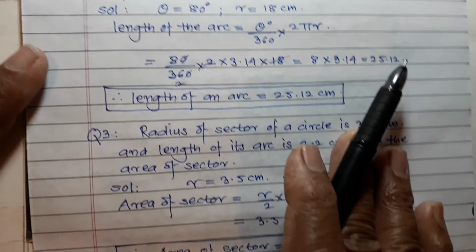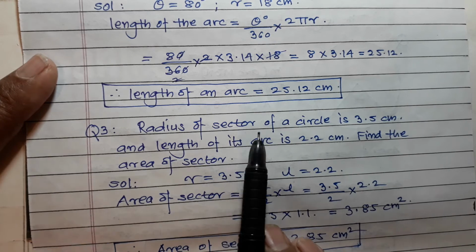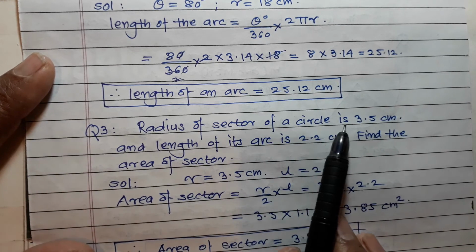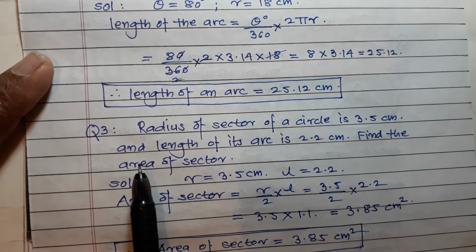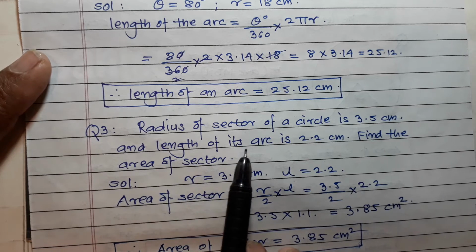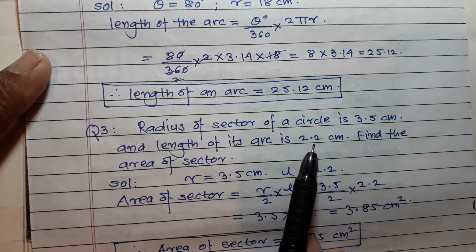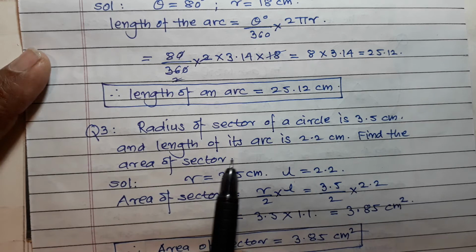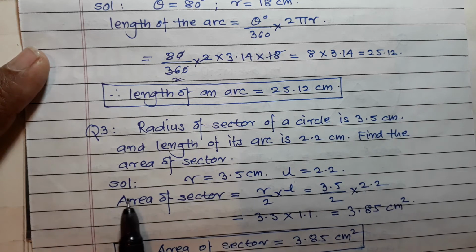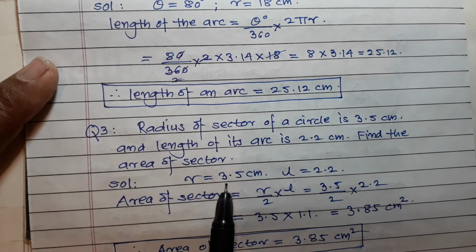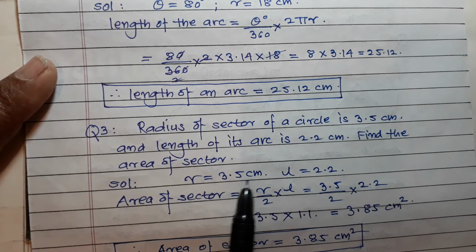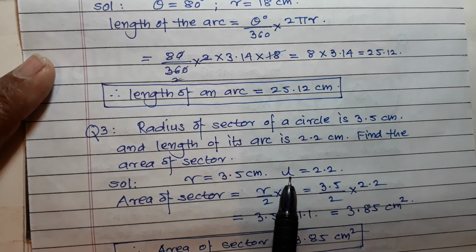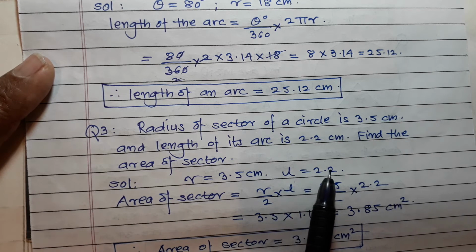Question number 3. Radius of sector of a circle is 3.5 centimeter and length of its arc is equal to 2.2 centimeter. Find the area of sector. Solution. r is equal to 3.5 centimeter and l is equal to length of an arc is equal to 2.2.